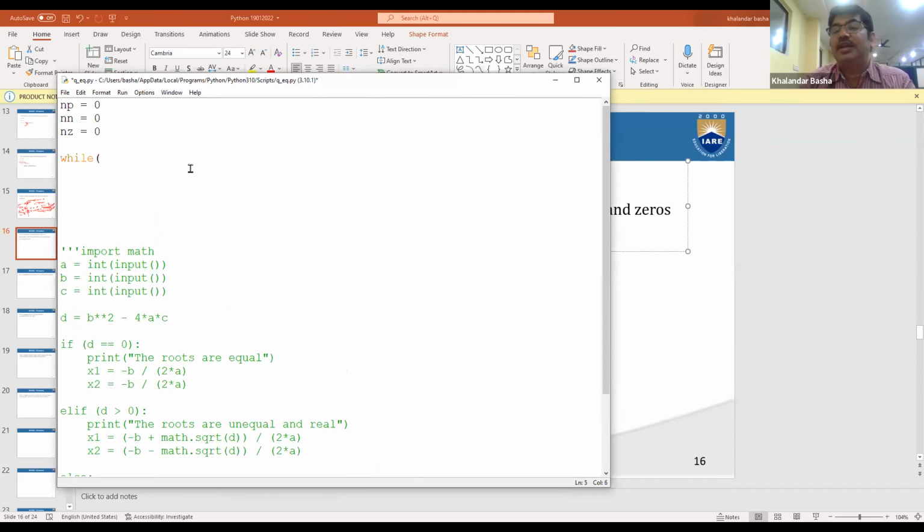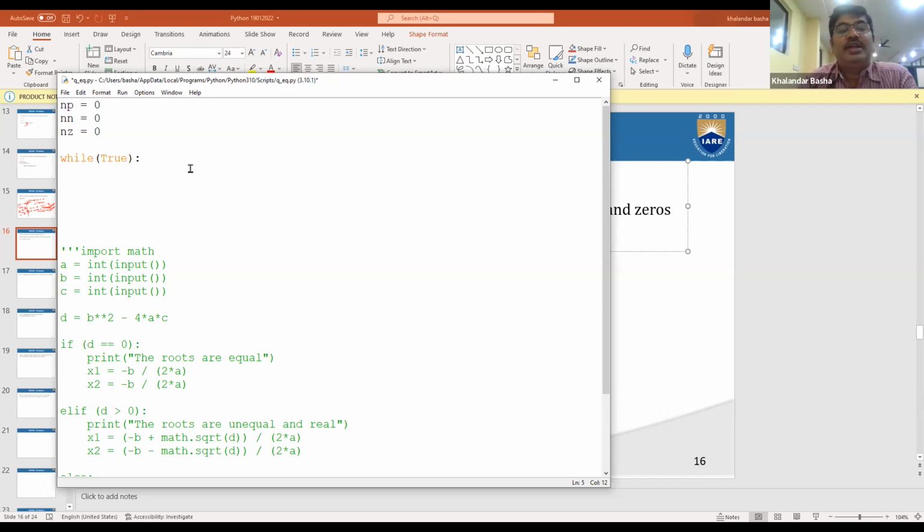Because it has to be executed unconditionally, I'll place while True. This statement indicates an infinite loop. The while is not going to check any condition; it will keep executing repeatedly unless it is terminated internally, because we have to wait for the input which is equivalent to -1.